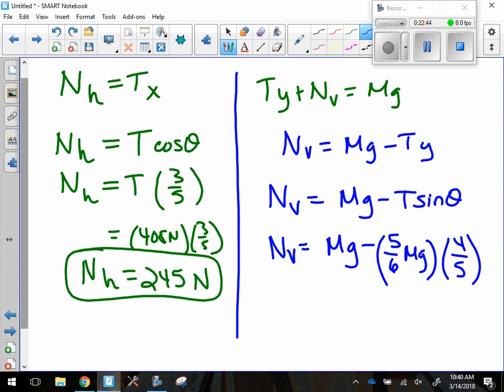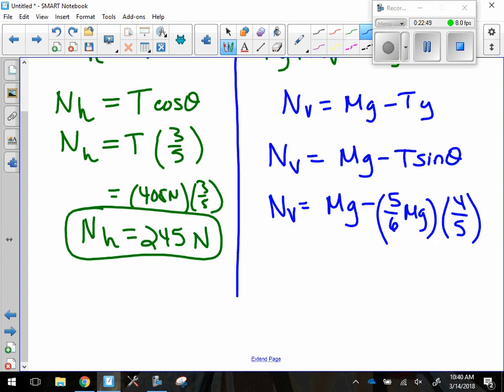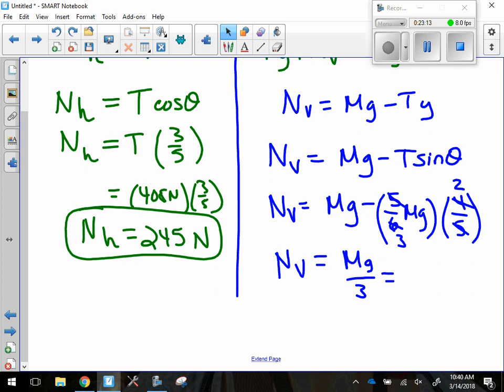Think about it before you ask me. So that cancels with that. That's a 3, that's a 2. So that makes my NV mg over 3, I do believe. Which is going to give us what? So for 3 sig figs Maddie, that'll give us what? 164 newtons.